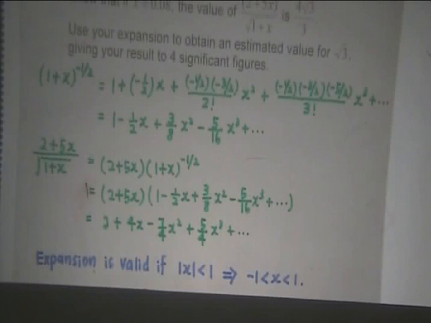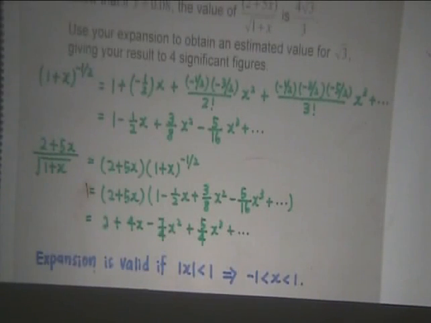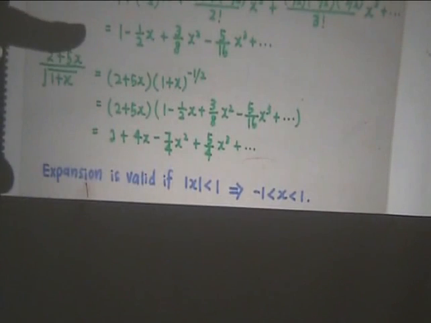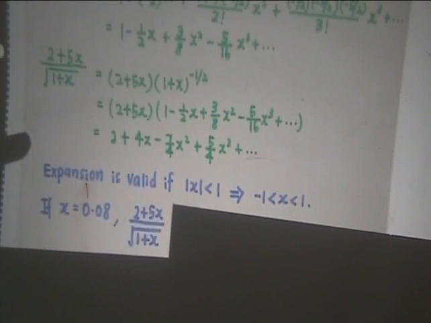Very simple. So next, the question says show that if x is equal to 0.08, then the value of (2 plus 5x) over square root of (1 plus x) is 4 square root 3 over 3. So what we do is we substitute x equals 0.08 into this expression over here.